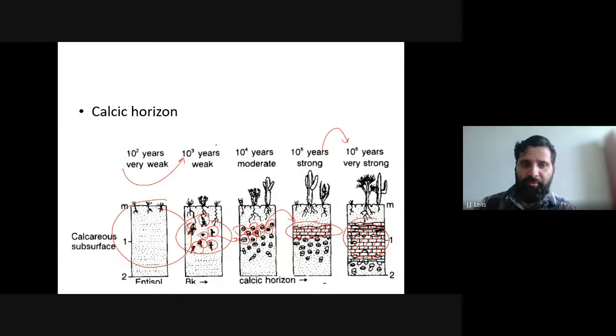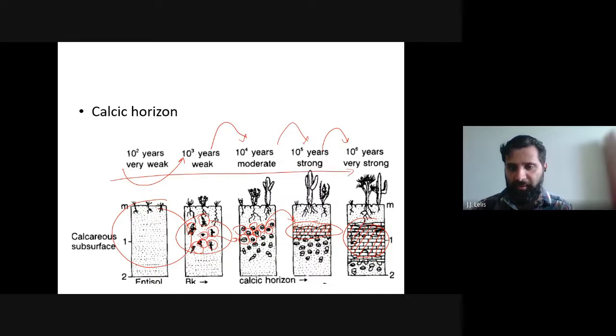So the process spent a lot of time, millions of years, to form this specific horizon, a horizon that's cemented by calcium carbonate. And the process starts with the creation of some mottles.